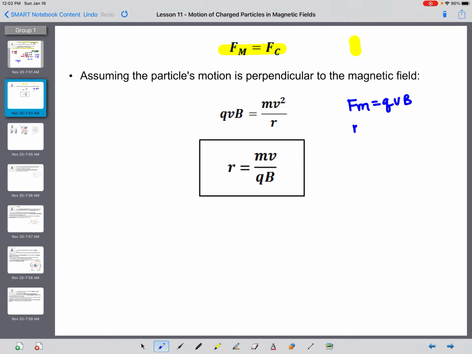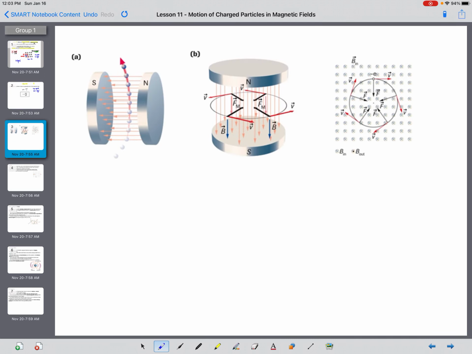And I know that centripetal force is mv squared over r, so they just plugged it into there. So you can rearrange the equation for r. It's telling you how big the radius would be if I have this moving charge at this speed, if this is the strength of the charge and if that's the magnetic field. All right, complicated picture is this.